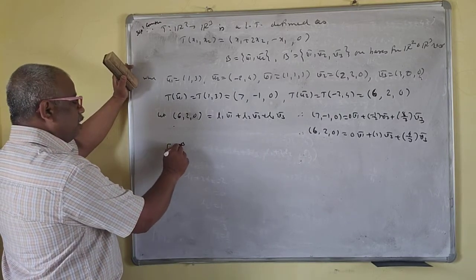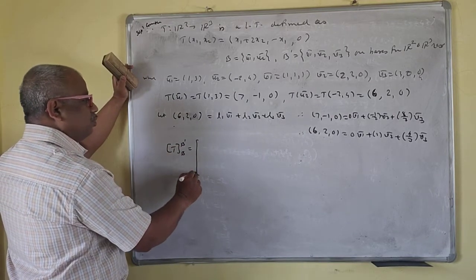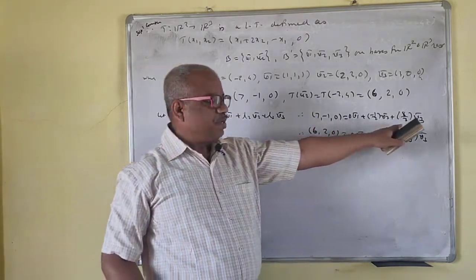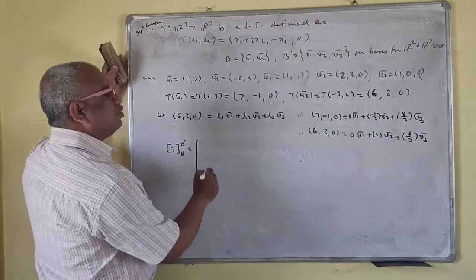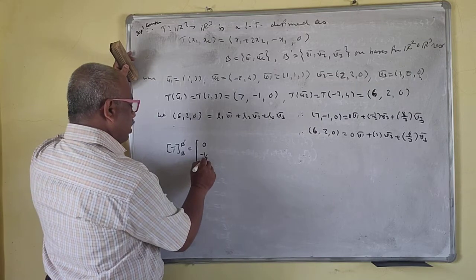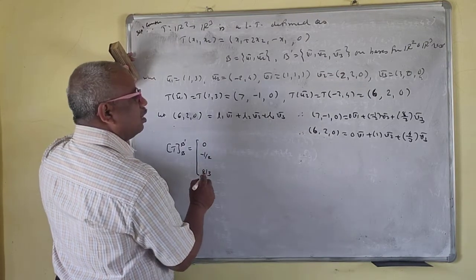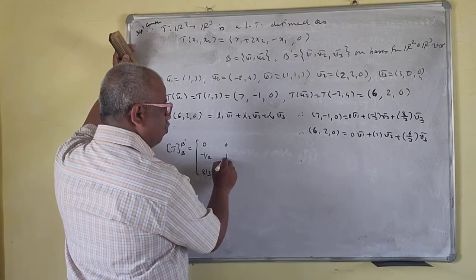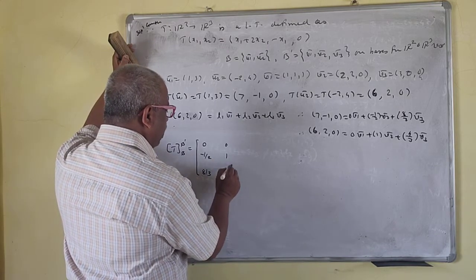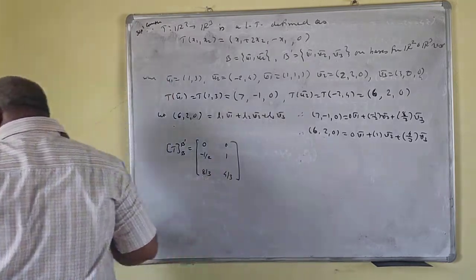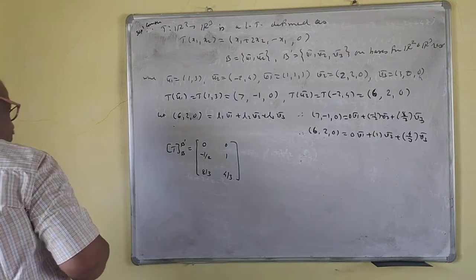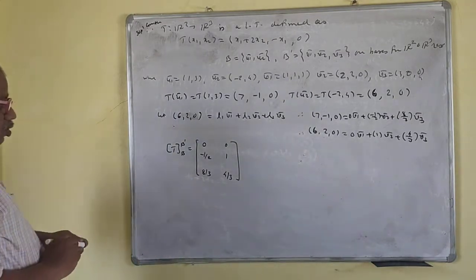This is what, B to B prime is equal to. So we have to write these coefficients column wise. So this is 0 minus half 8 by 3. Then second, 0 1 4 by 3. Okay. So this is your matrix.